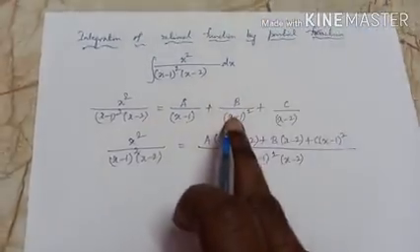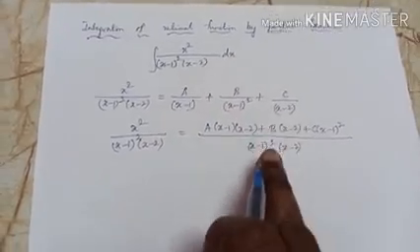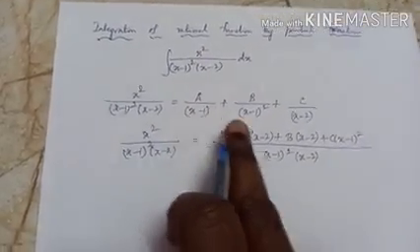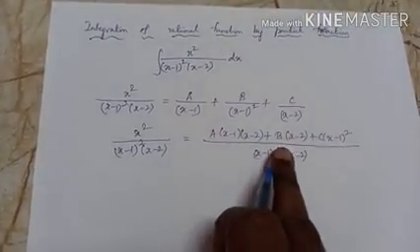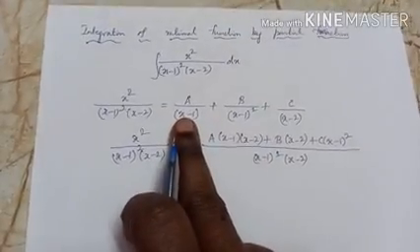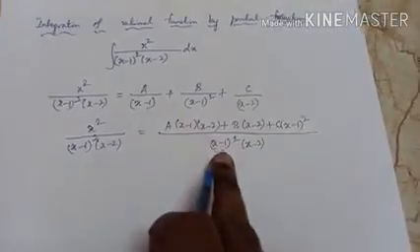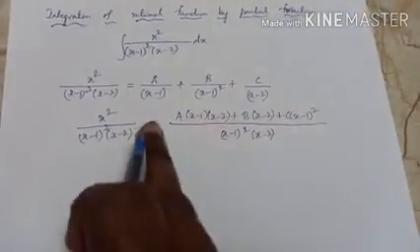When you take LCM, it is (x minus 1) the whole square into (x minus 2). Here it is simply x minus 1, but it is x minus 1 whole square, right? So the term x minus 1 is missing. So (x minus 1) into (x minus 2). Similarly. So denominators will get cancelled.